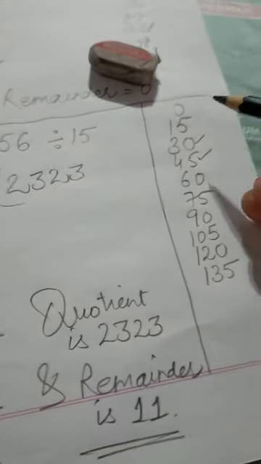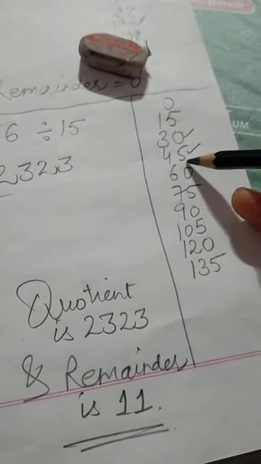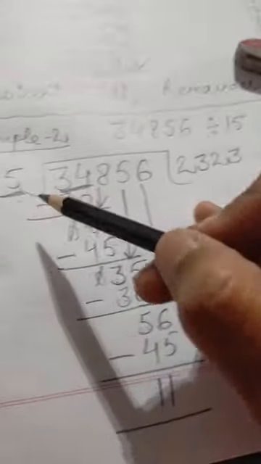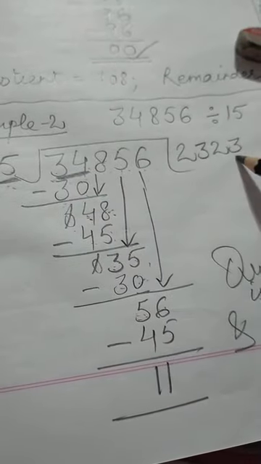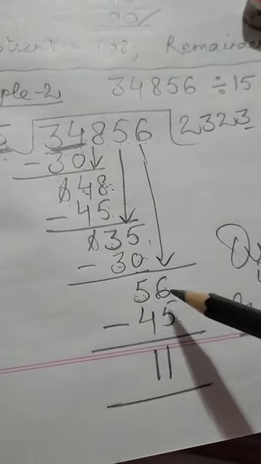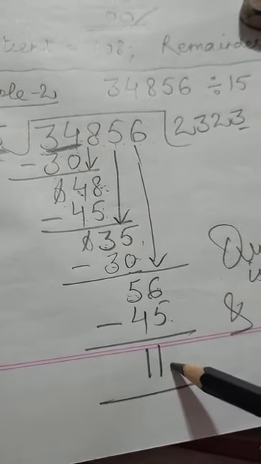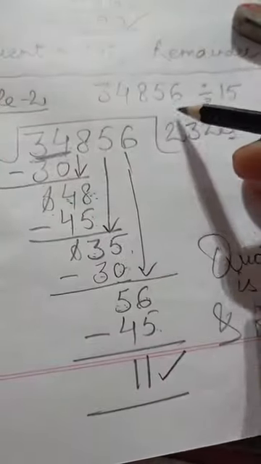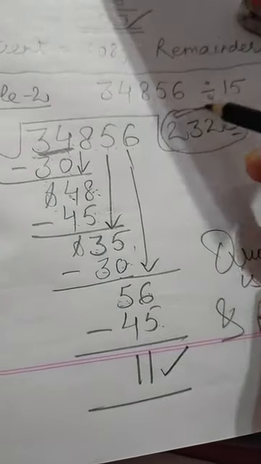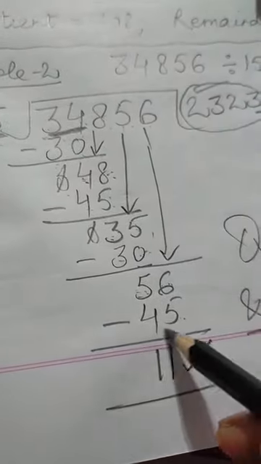Under 56 we can write 45, so 15 times 3 is 45, and when you subtract you get 11 as the remainder. The quotient is 2323, and the remainder is 11.